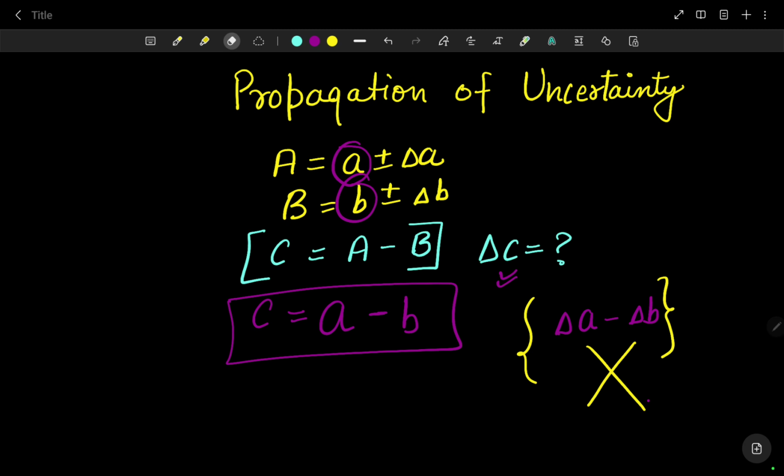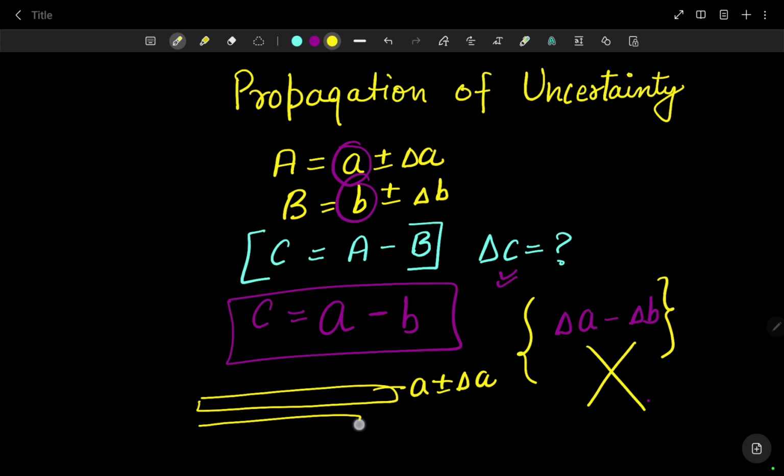Whenever we are subtracting two physical quantities, we don't subtract their absolute uncertainty. Subtracting the absolute uncertainty means you made a mistake in measurement. Suppose you were measuring the length of rod A as A plus minus delta A, and the length of rod B as B plus minus delta B. That means you are already delta A uncertain here, and delta B uncertain here.